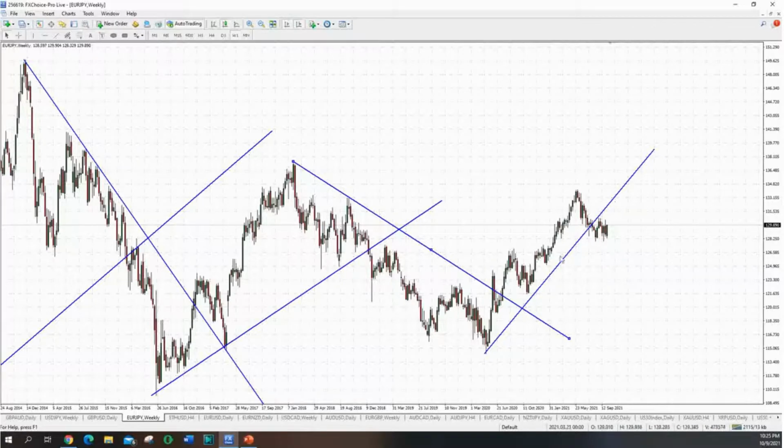So what the market is doing right now, was trending up, broke this trend line, and then came back to the back side. I'll show you guys here. So the market came back. Let me get off the grids. The market came back and tested the back side of the trend line.